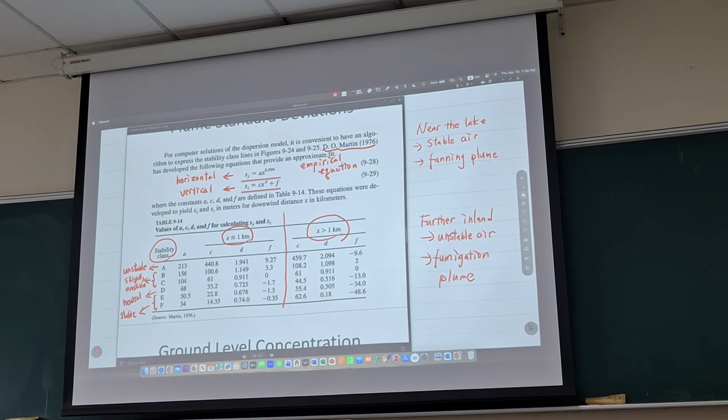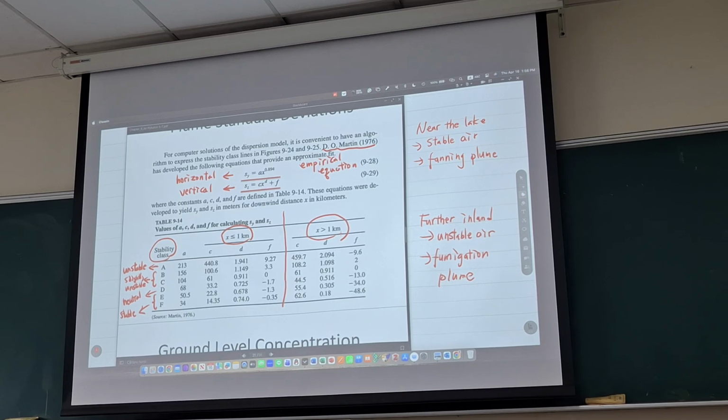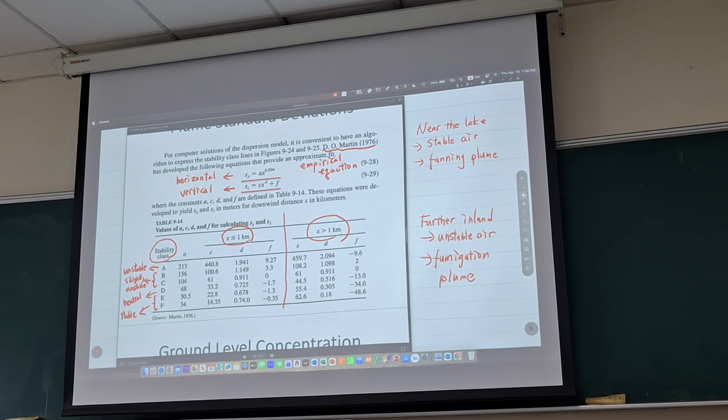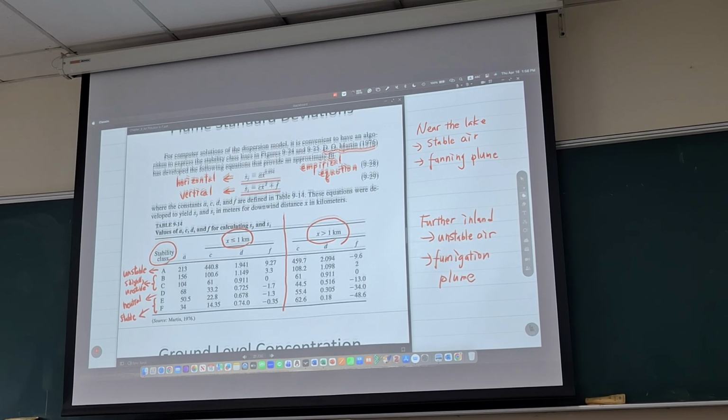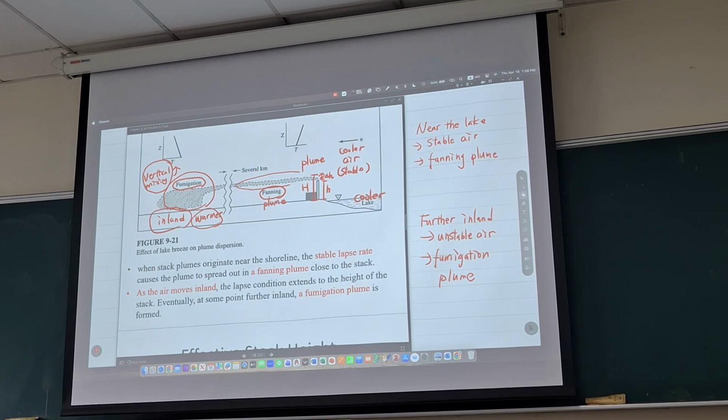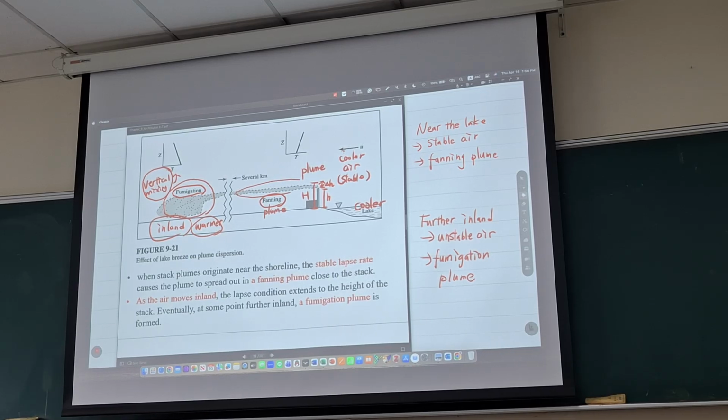What do you think? How can we separate this table into two? I guess the values are different depending on what x is, so we have to separate them. Yeah, like the values for C, D, and F. From this figure, what do you think?